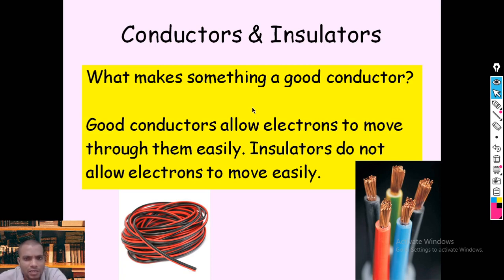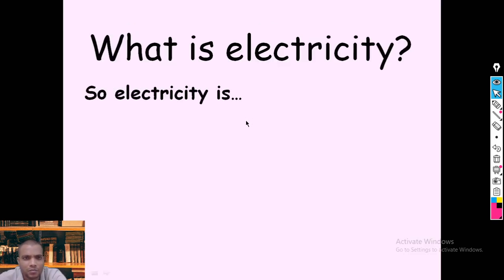And insulators do not allow electrons to move freely. In conductors, electrons move freely, but in insulators, even though electrons are present, they cannot move freely. What could be the reason? We can understand that in the next concept.